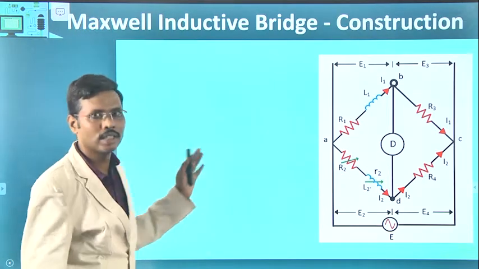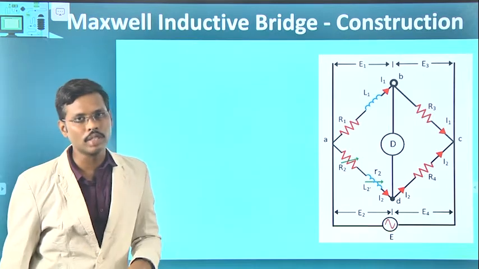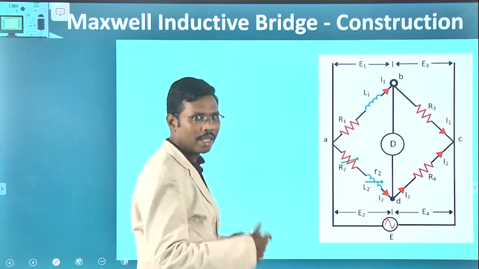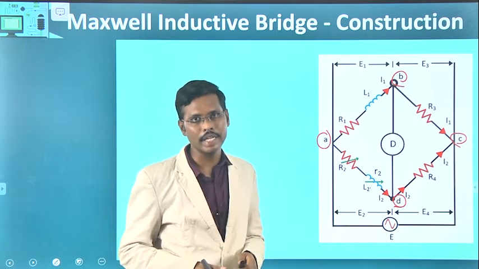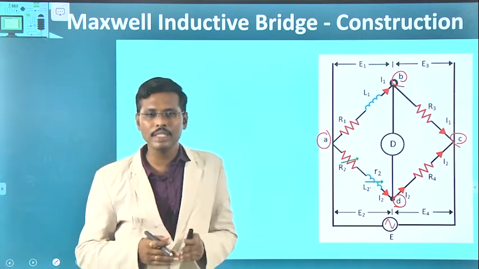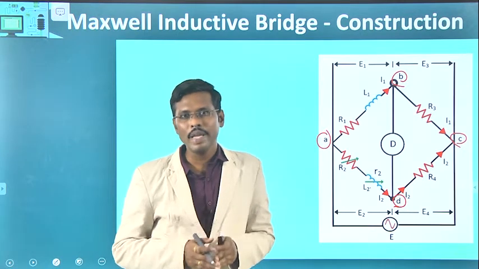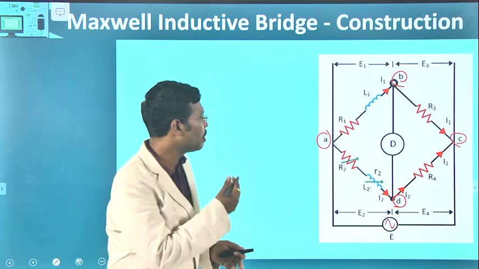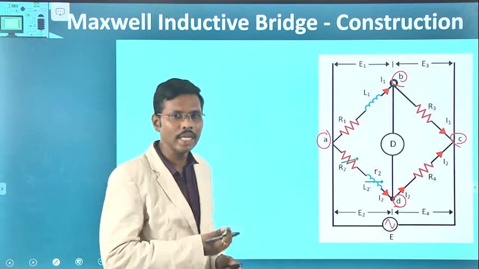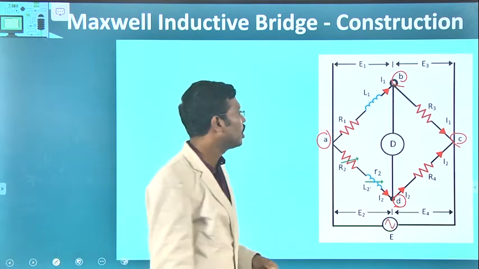Now let us see the construction details of this Maxwell inductive bridge. Just like a general purpose bridge, here we have 4 nodes A, B, C and D, and these 4 nodes form 4 impedance arms, namely AB, BC, CD and DA.